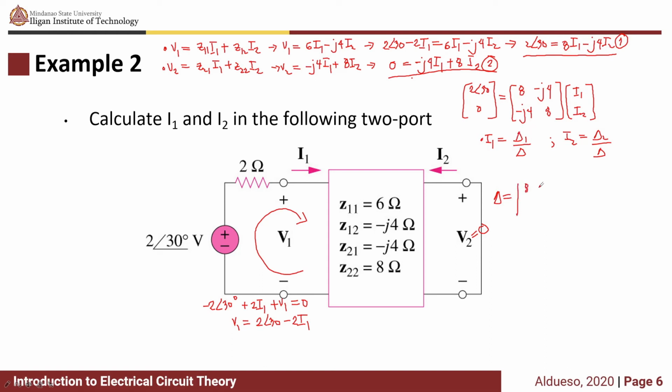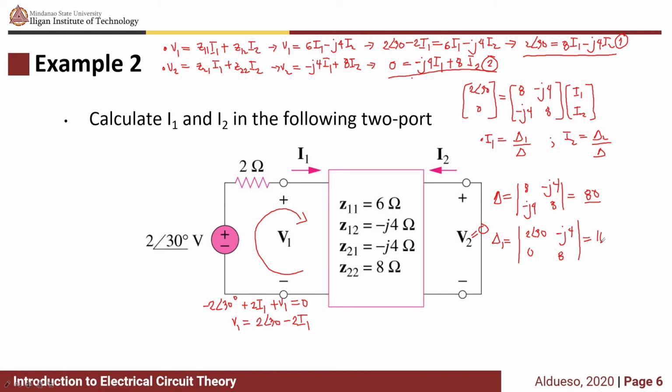We have 8 times 8 plus J4 times J4, and this is equal to 80. For delta 1, the determinant of 2 angle 30, 0, negative J4 and 8.